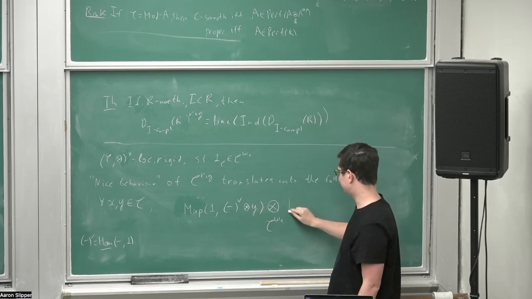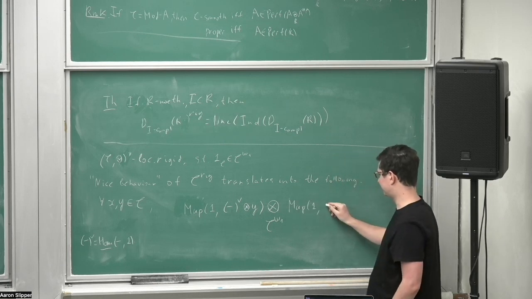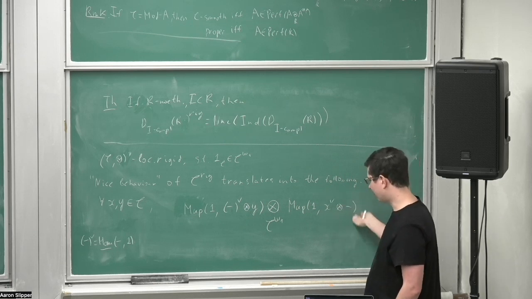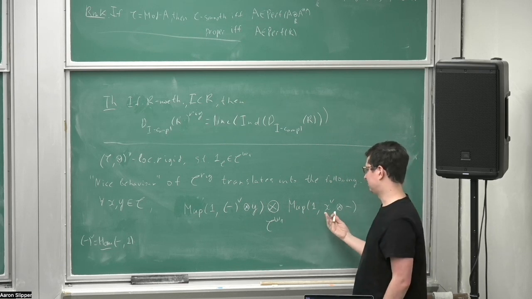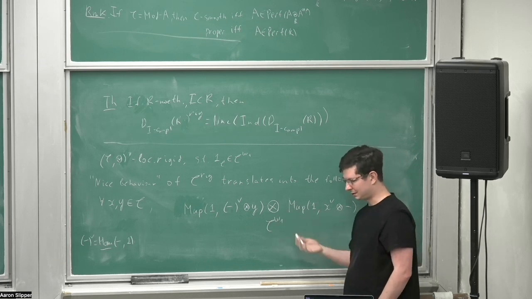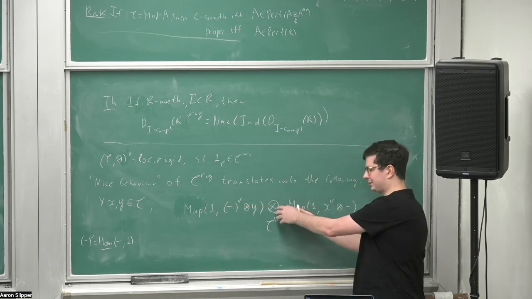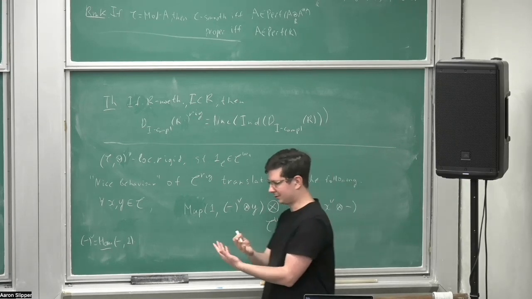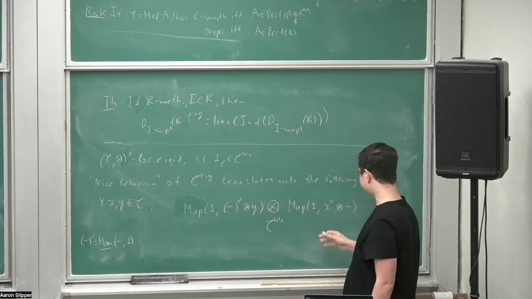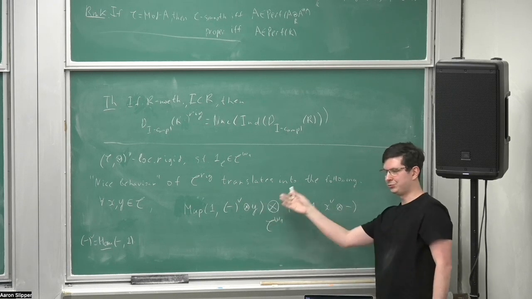Another thing is we take the map from the unit to X dual tensor the argument. This is a covariant functor to spectra, like a left module over this category, or in other words, an object of the ind-completion of the opposite category. The tensor product is the tensor product of a right module and a left module, also called evaluation. This is some very huge spectrum.